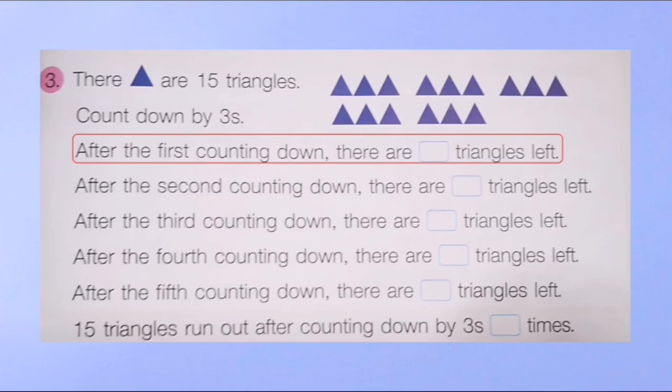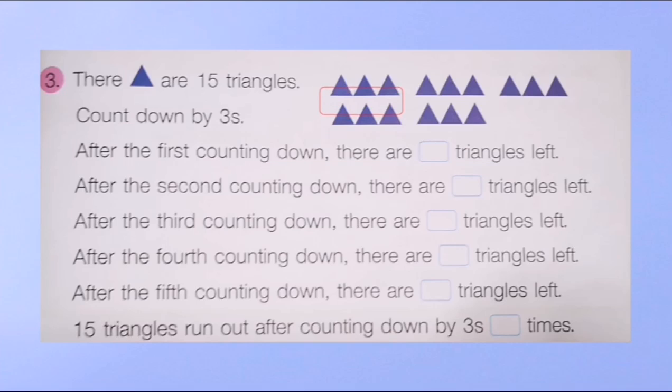After the first counting down, there are blank triangles left. So let's have our first countdown by threes. So how many triangles are left? How many triangles did I not encircle? Please count the triangles and write the correct answer inside the box.